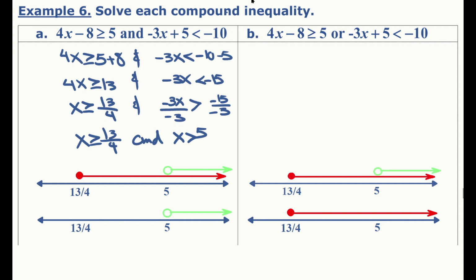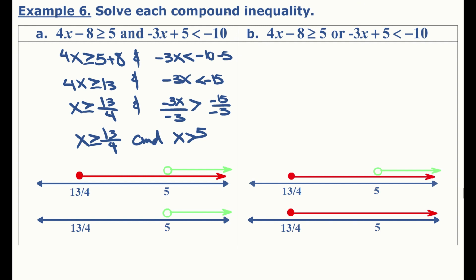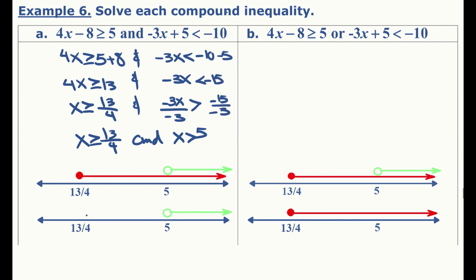So remember, the first graph is just a prep graph, and the second graph is the one that will be the actual solution set graph. This is the prep graph, right?